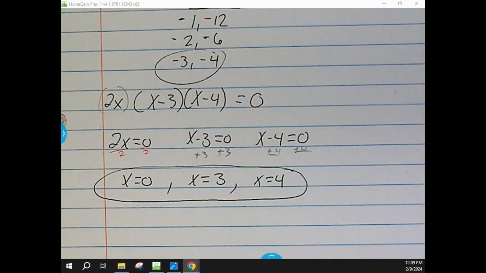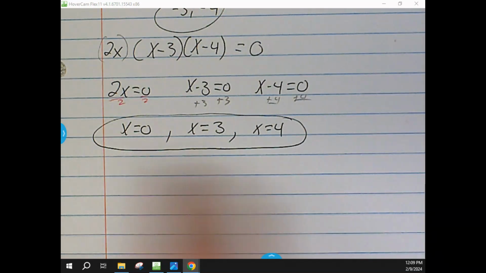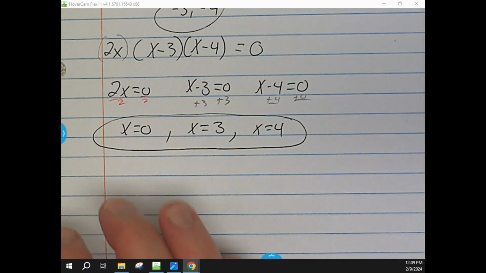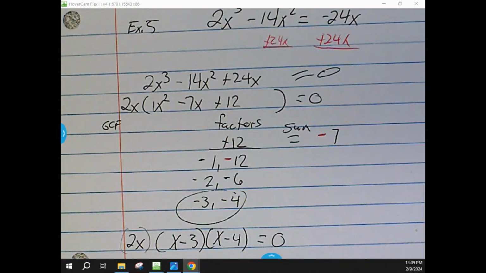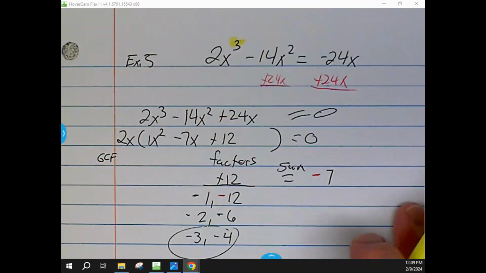Okay, so in that case, we've got 3 answers for that one and not 2. Again, you may be saying, why do we have three answers when the other ones had two? If you go back up here to the original problem, it was x to the third. So the biggest power for that one was x to the third.